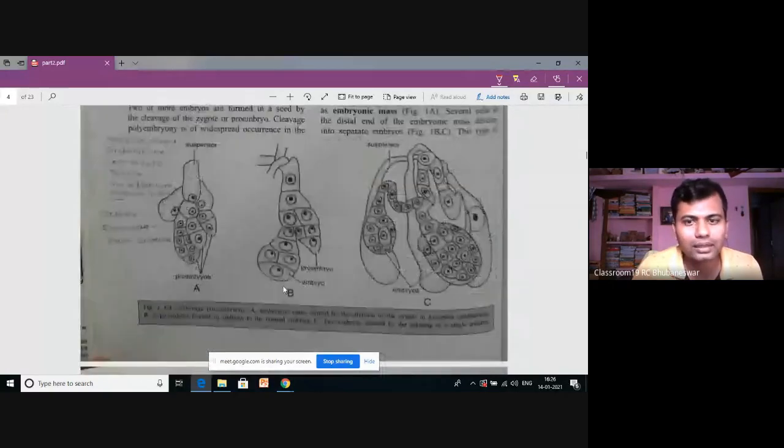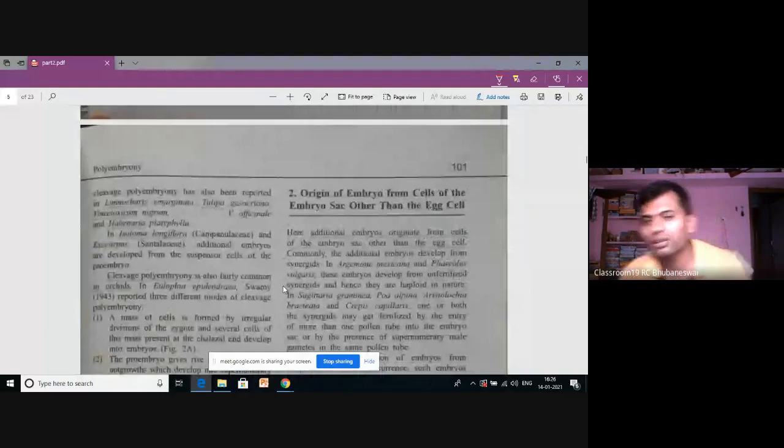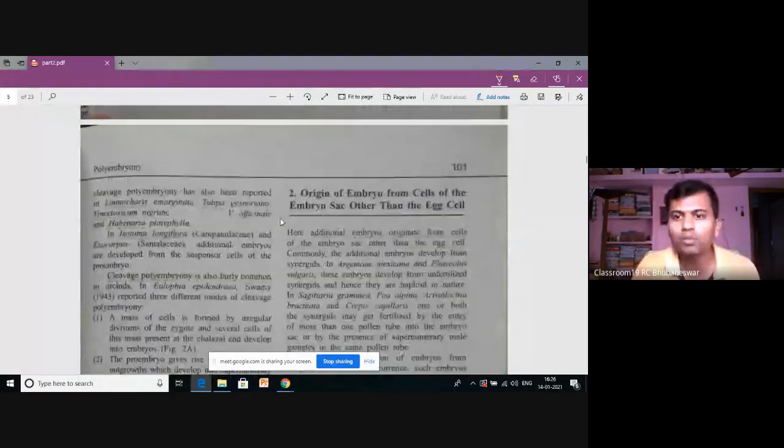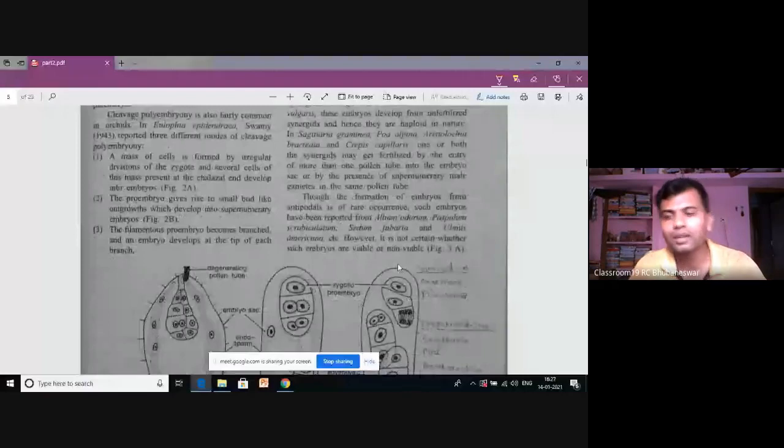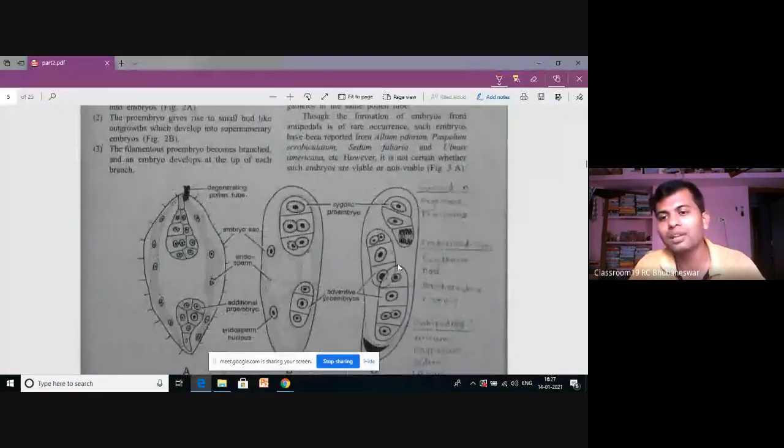Next, the cause is the origin of an embryo from cells of the embryo sac other than the egg. As you know, the egg after fertilization develops into an embryo. But sometimes the synergid cell, the antipodal cell, as well as the primary endosperm nucleus also develop into an embryo. When the egg is fertilized by the male gamete, it develops into a diploid embryo.